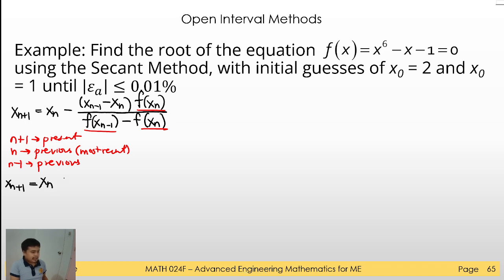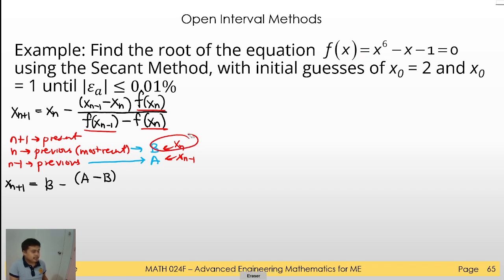X sub n. And then, to change things up a bit, I will make this x sub n into letter B for our calculator technique, and then A for the previous one. Now, for x sub n, we have x sub n minus 1, sorry, I have to change this one as well. So x sub n will now be B, and x sub n minus 1 will be A. So we have B minus, we have A minus B. And then f of x sub n, so this is the function.